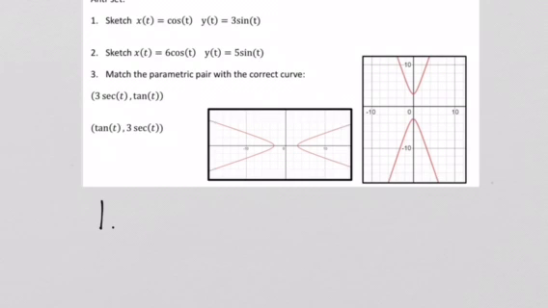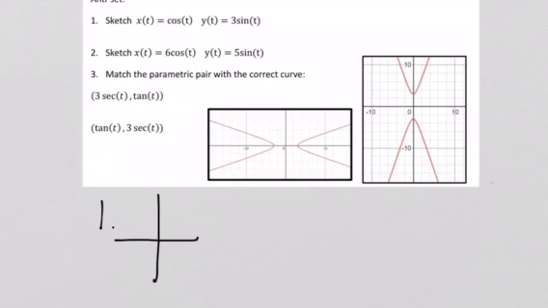So we notice that this is a cosine-sine parametric, so this is going to be an ellipse. And it looks like the semi-major axis is going to be 3 and the semi-minor axis is going to be 1. And because the semi-major is on the y, this is going to be a more vertically elongated ellipse. To sketch this, we don't have to do all these tick marks.